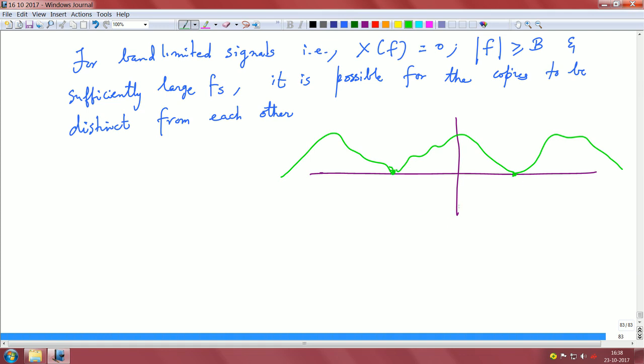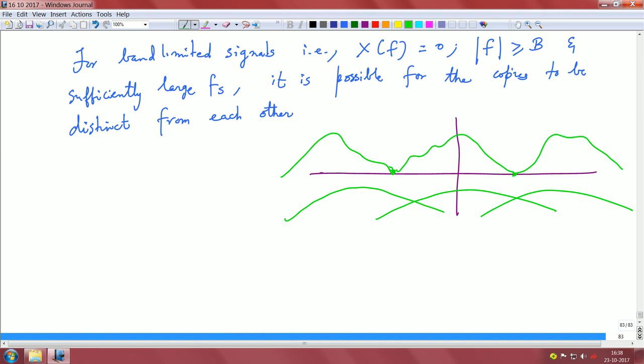Otherwise if you get them overlapping, then you have troubles. You see the interpretation of this, and this is your aliasing.